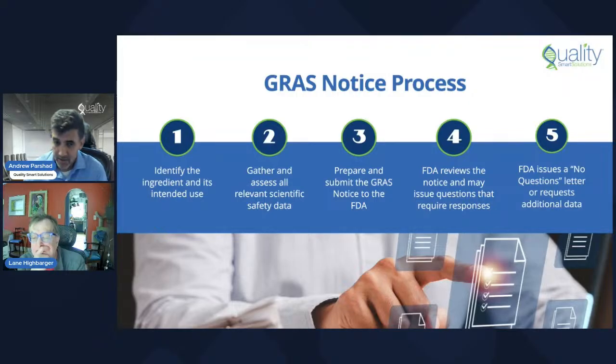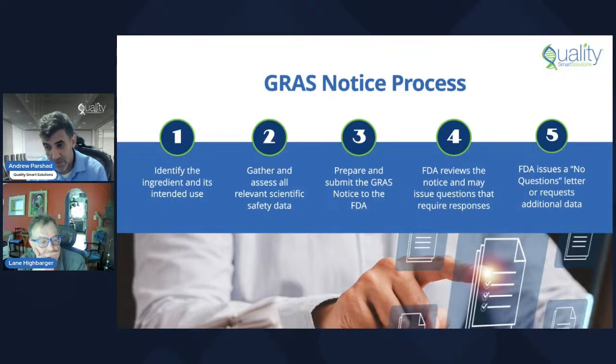They're going to assess it. They have questions, you have to amend it and go back. Could be some back and forth there. And then in the end, the FDA issues a no questions letter. This is all public data. Once you've submitted it, it'll stay pending as the FDA is reviewing it. The positive outcome is the no questions letter.